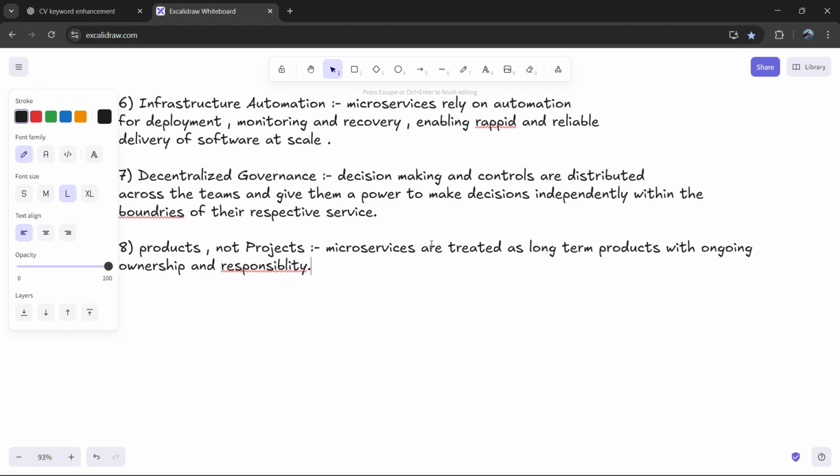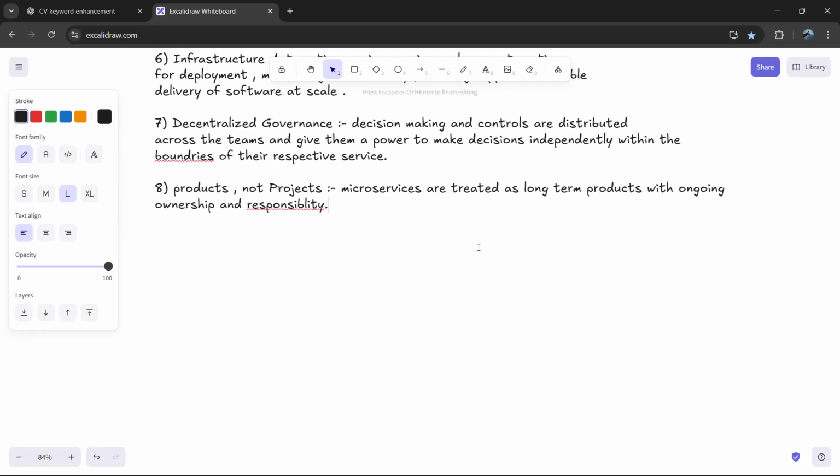Okay, so this is our eighth point. So our last and final point is evolutionary design.